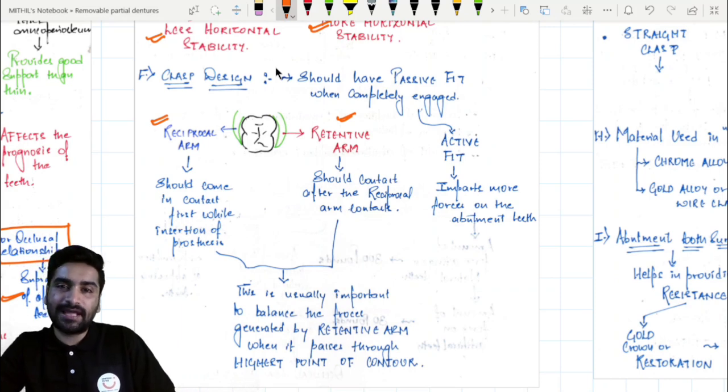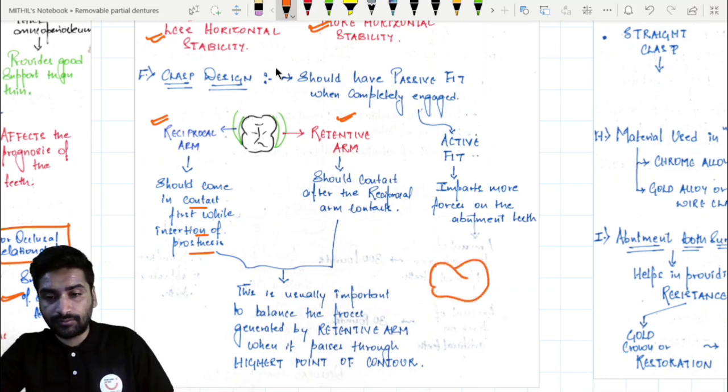When we study direct retainers, we will study this design more precisely. For now, the reciprocal arm should come in contact first while inserting the prosthesis. Suppose we see from a side view, this side is the reciprocal arm, and here with red I will draw the retentive arm.